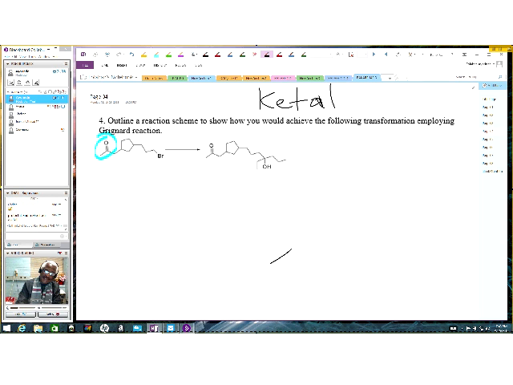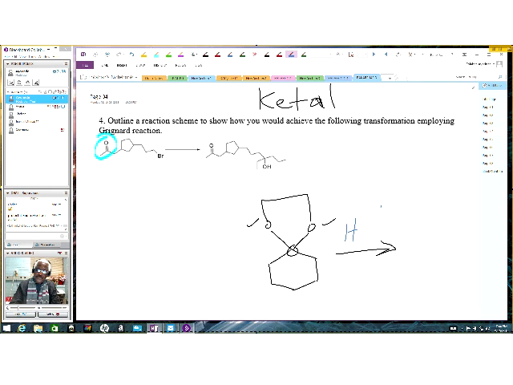Now, if you form a ketal, let me show you an example. This would be an example of a ketal. You have two ether functionalities joined to the same carbon atom right here. So we say this is a ketal. Once you add dilute acid to the ketal, what happens?